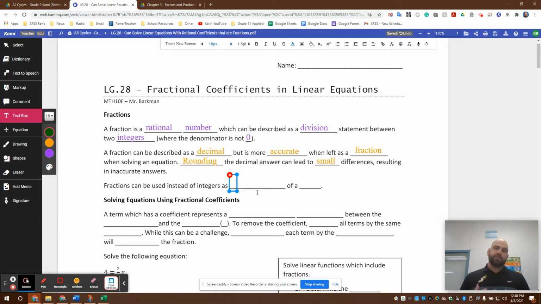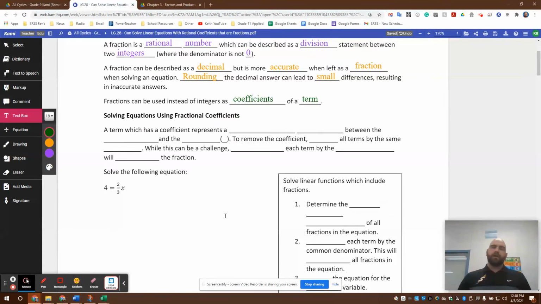Now, fractions can be used instead of integers as coefficients of a term in a linear equation. So that's just a little bit of the basics on fractions. Now, let's solve equations using fractional coefficients.